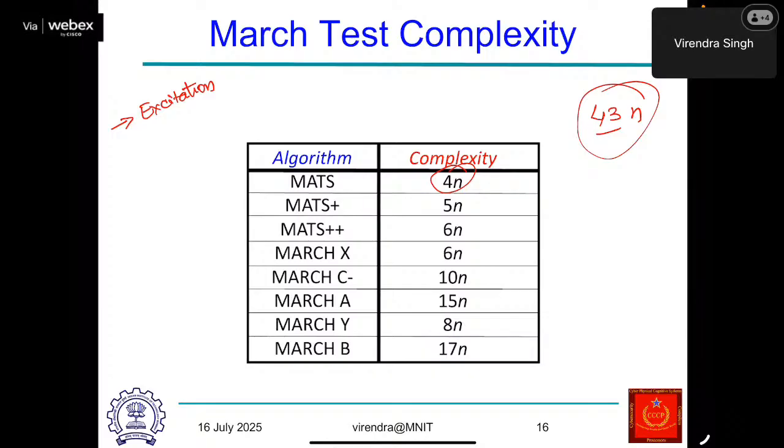Now we know the faults are the stuck fault, transition fault, coupling fault, and the pattern sensitive neighborhood fault. So these are the faults.